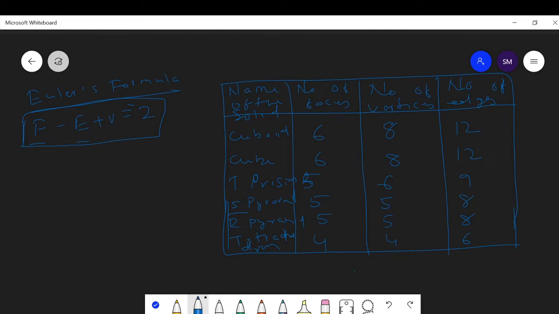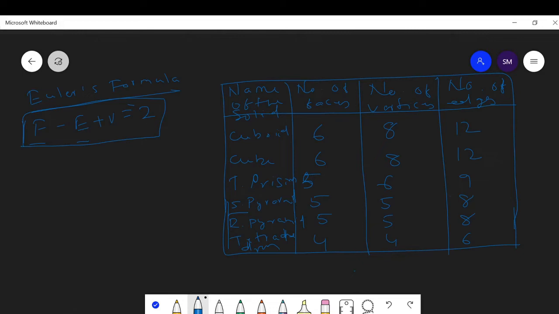If your answer satisfies Euler's formula, you have found the exact numbers. If it doesn't satisfy Euler's formula, you have not calculated properly. Then you recalculate, imagine the figure and check again.